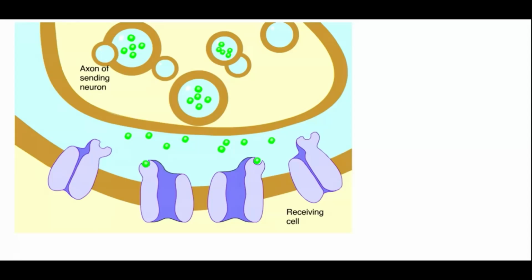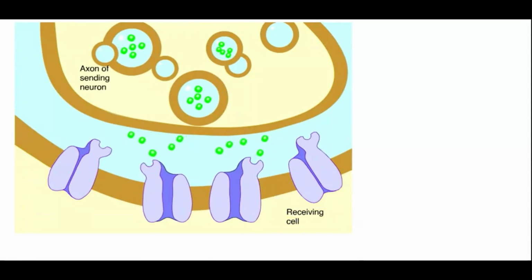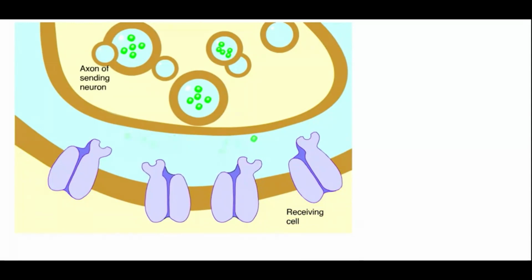Here we show excitation. Sodium ions rush in, changing the polarity of the membrane, and an action potential is triggered in the receiving cell. The neurotransmitter is broken down by an enzyme, and the ion channels close. Enzymatic breakdown is one of the several mechanisms by which transmission is terminated at chemical synapses.